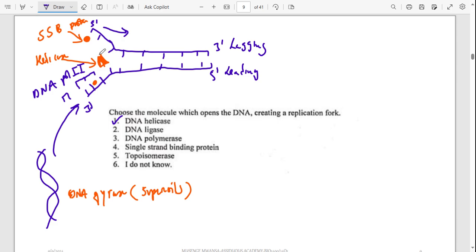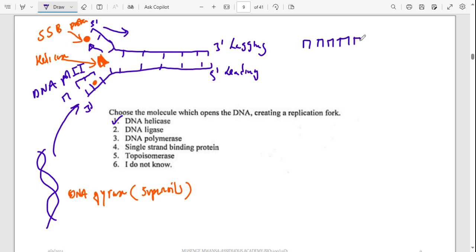because for this one you are going to have the polymerase working in the opposite direction, because it can't read from 5 prime to 3 prime, so it will be working in the opposite direction. It will be working forward and back. But for the lagging strand, the primase is going to lay down a lot of primers.